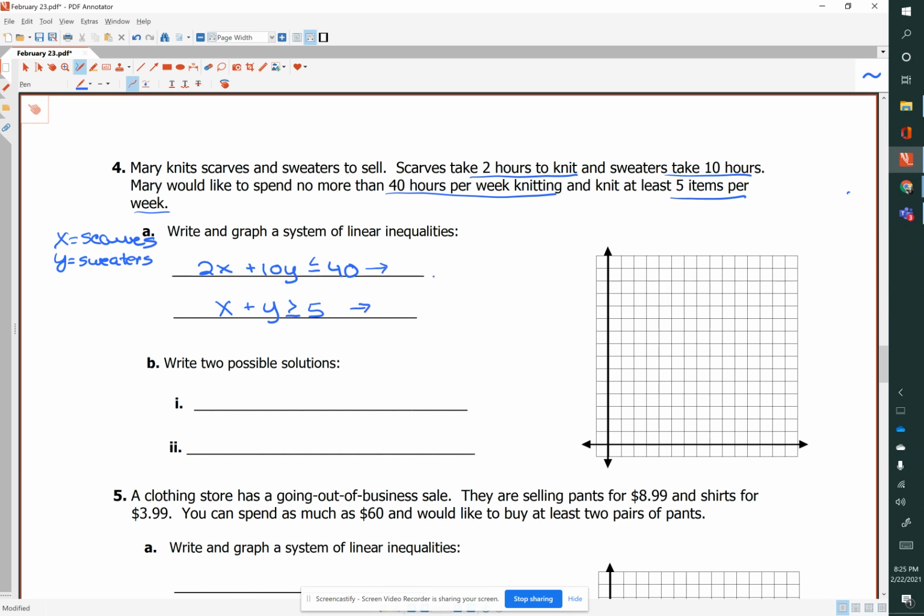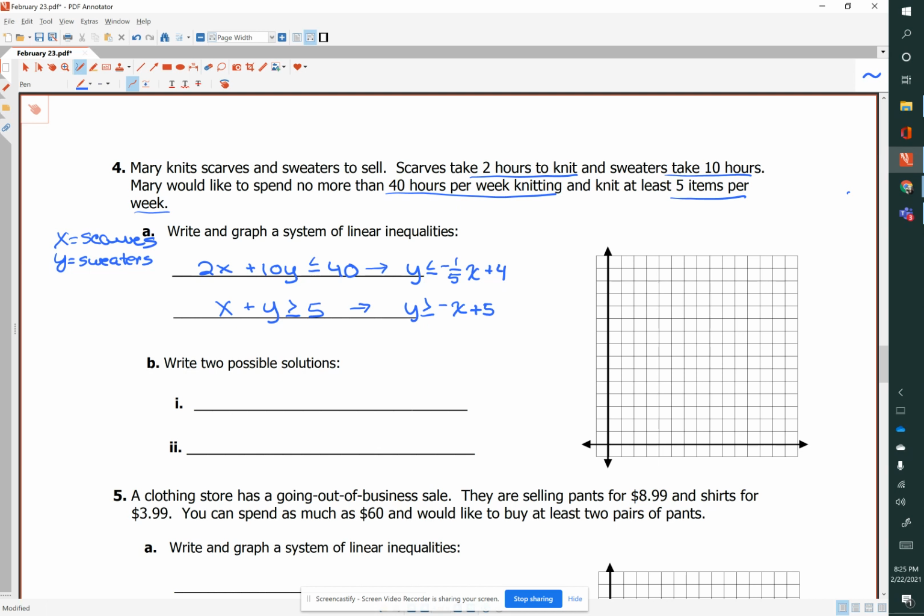The first one will be y is less than or equal to negative 1/5 x plus 4. And the second inequality will be y is greater than or equal to negative x plus 5.